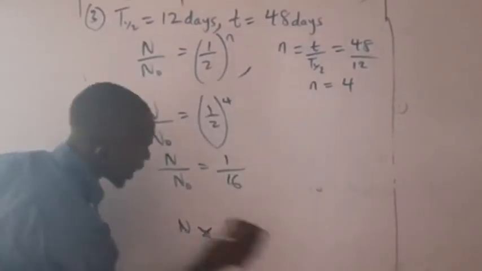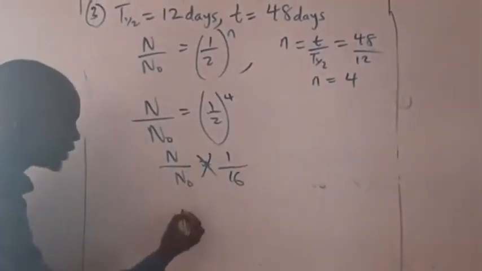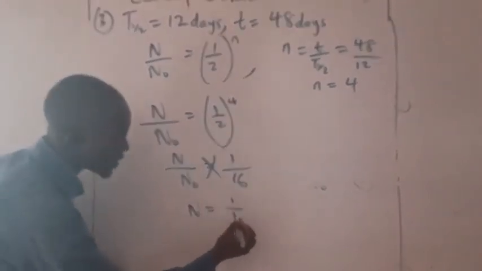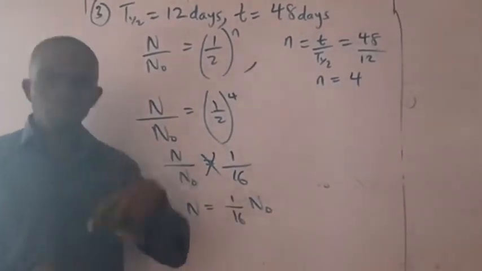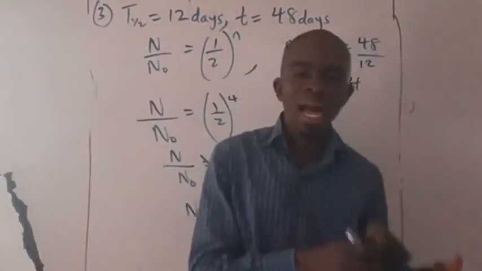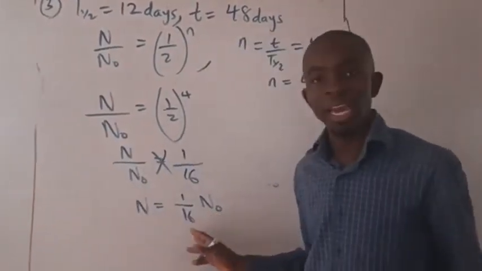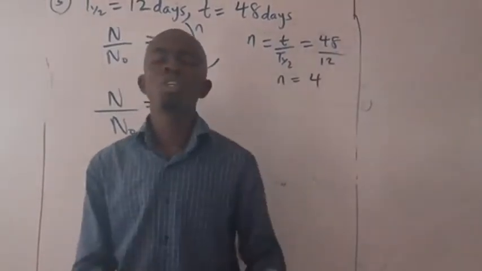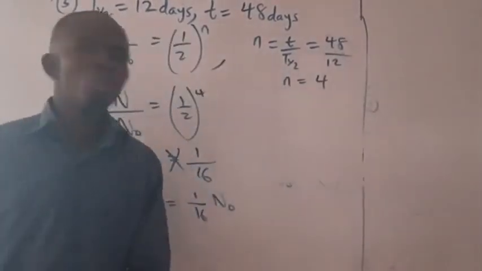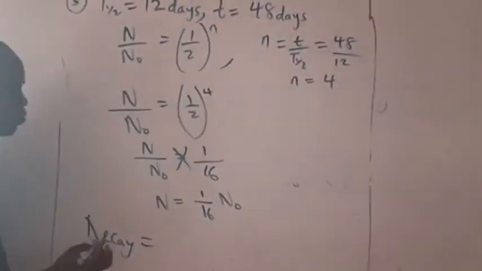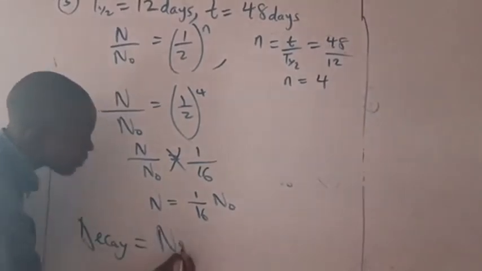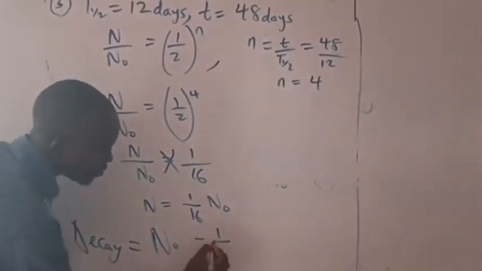Once we cross and multiply, the life left will be 1 over 16 of the original life. So this is the life left behind. But we are not asked to look for the life left behind. Instead, we are to look for the life that has decayed. So for us to look for the life that has decayed, the formula will be original life minus the one that is left behind.